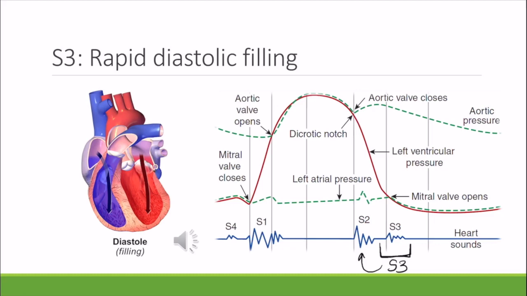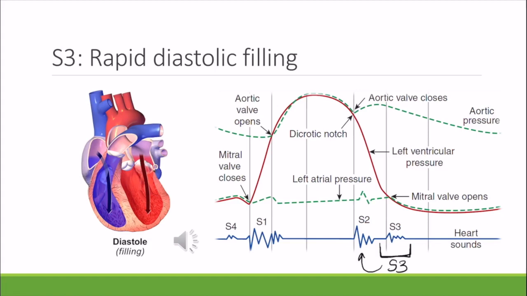And as it says in your notes, it's sometimes written as a lub-dub-dub, lub-dub-dub. The beat can be helpful to remember, as it goes with the sound of Kentucky, Kentucky, lub-dub-dub. When you want to listen for an S3 sound, this will be easier to hear if you use the bell of the stethoscope. It's a very low-pitched sound.